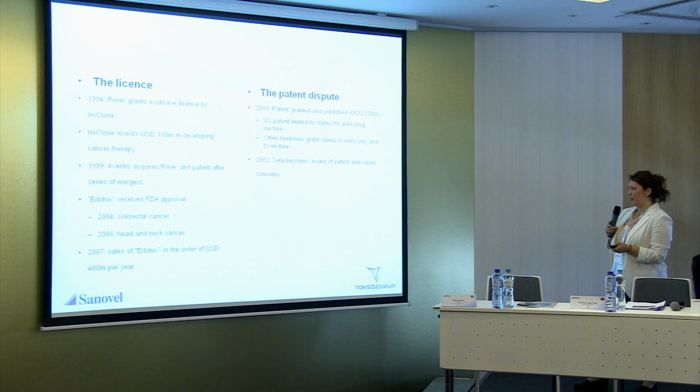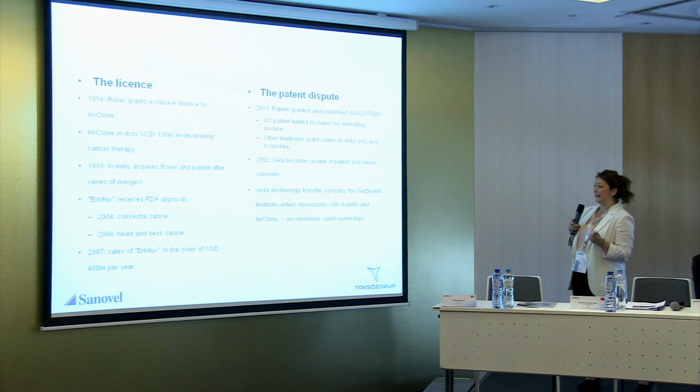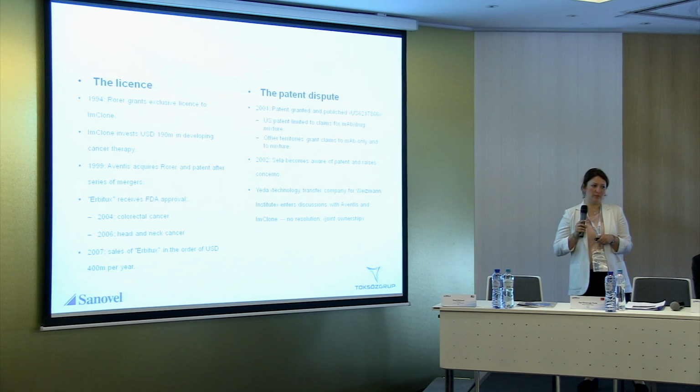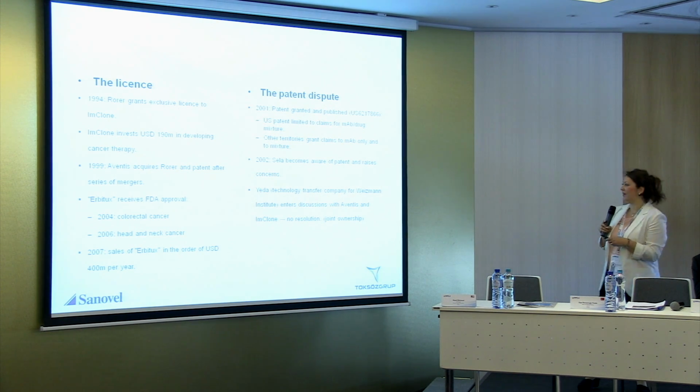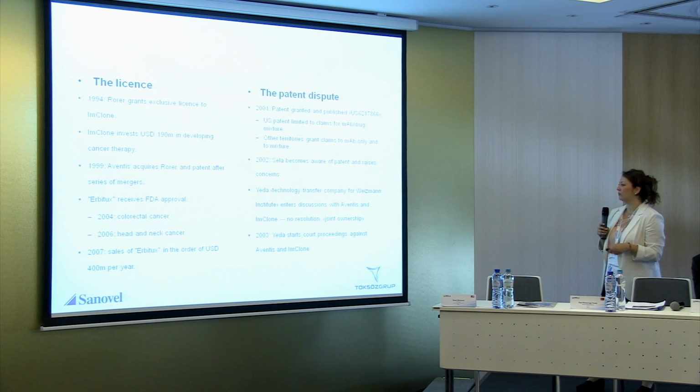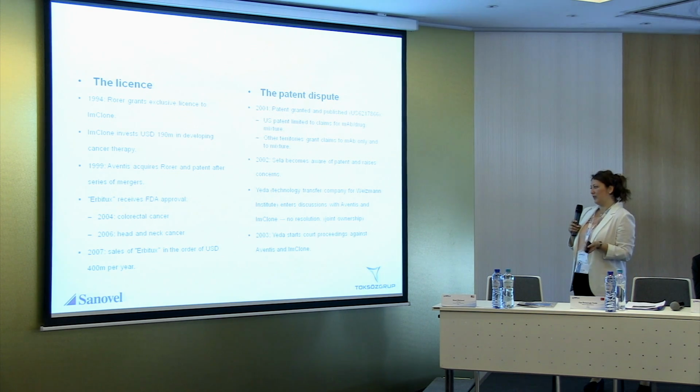In 2002, Sela became aware of the patent and raises concerns. Then Yeda entered the discussion, but no resolution. They wanted only joint ownership. It's also interesting that they were still thinking narrowly, not broadly. They only wanted joint ownership. They refused it, and after all, they regret it very much because they lose their ownership too.